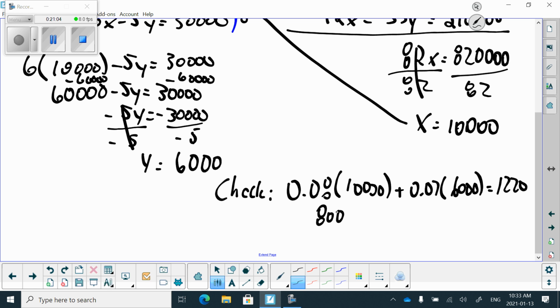And what is 0.07 times 6,000? What is 800 plus 420? Perfect. Awesome. So, our check worked out good. The ordered pair is 10,000 and 6,000.